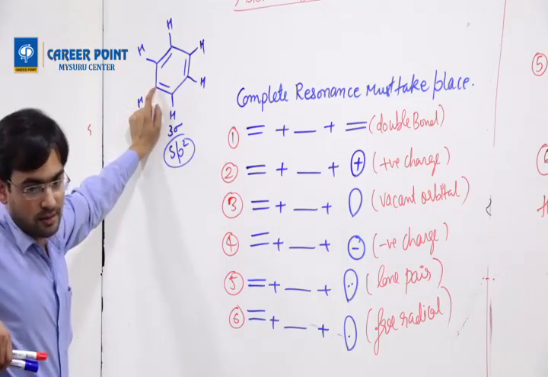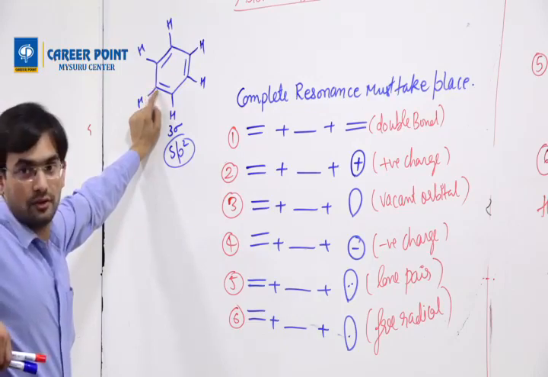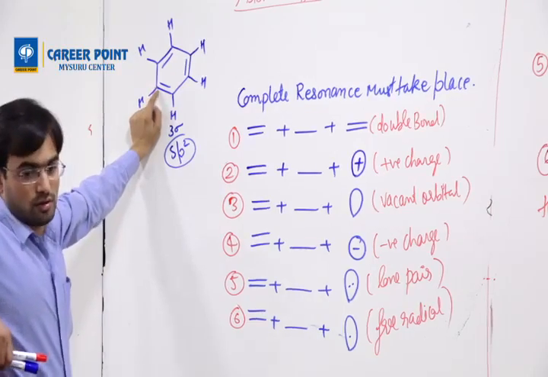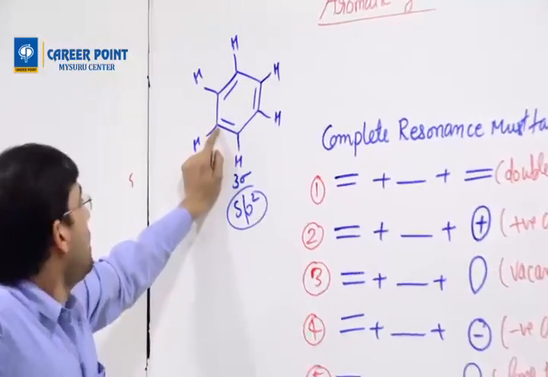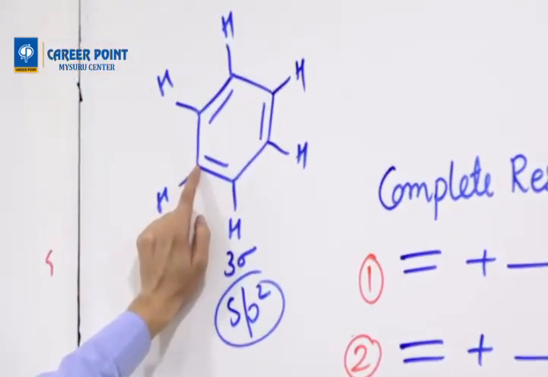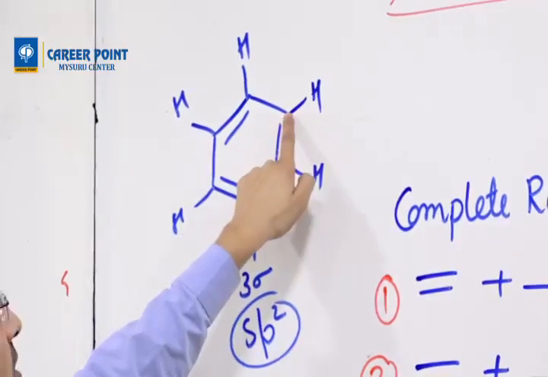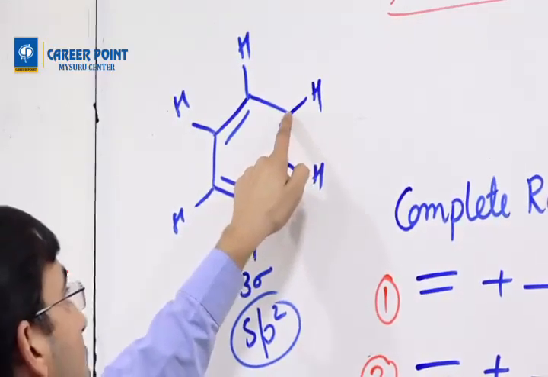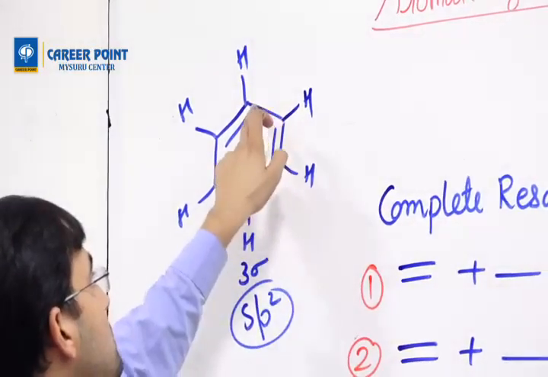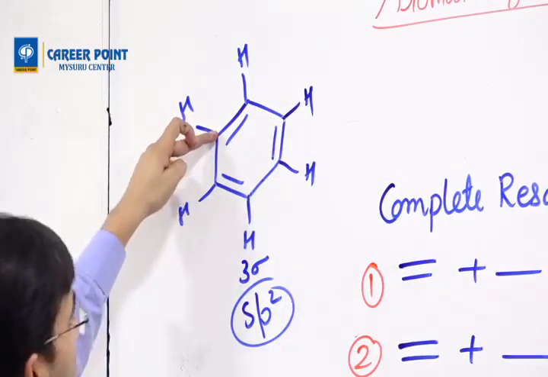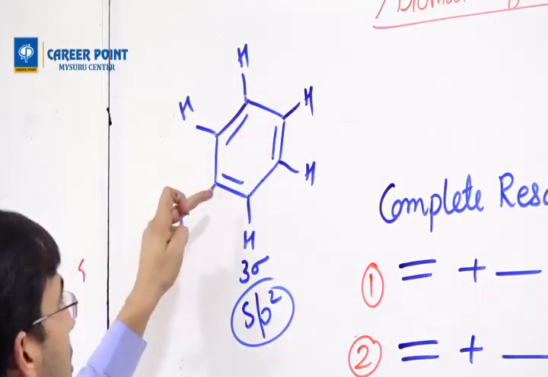Now I'm zooming here once. I'll start from here: double bond, single bond, double bond. Then I have come here, then double bond, single bond, double bond. Then again double bond, single bond, double bond.